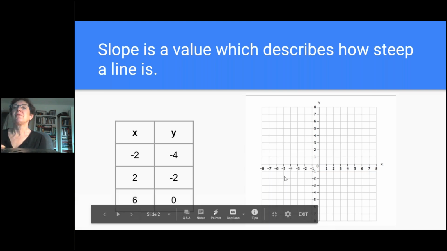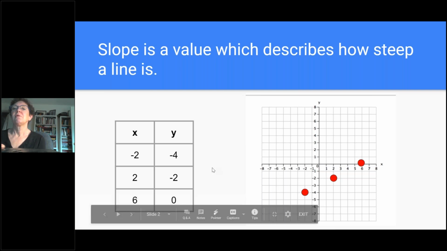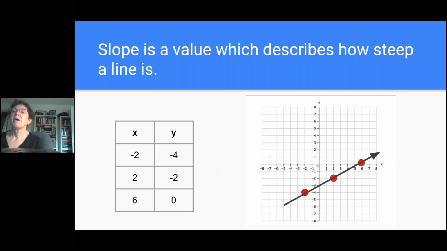So if we look at this table of values and we start by graphing these points, (-2, -4), (2, -2), and (6, 0), and then connect them with a line, we can see just how steep that line is. Note that the line goes up at the same rate. So slope is a rate. How steep is that line?